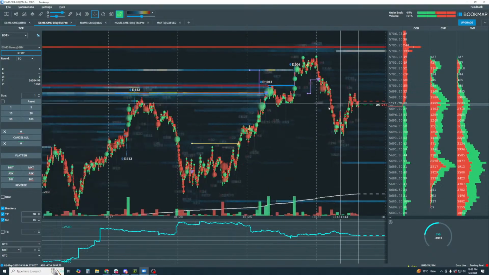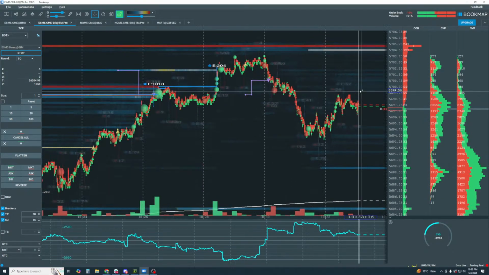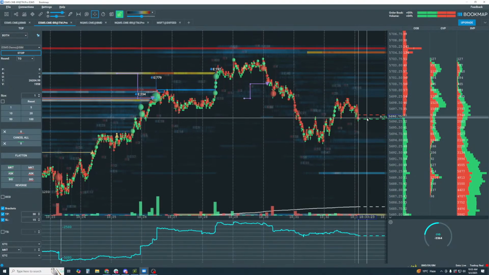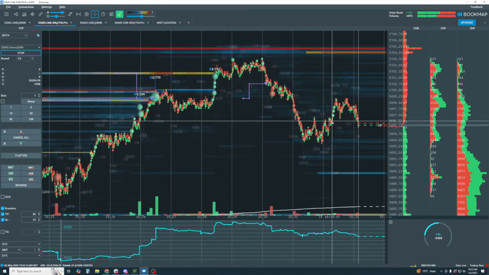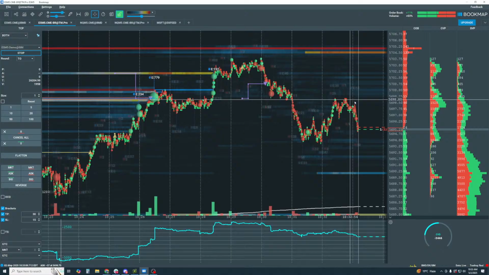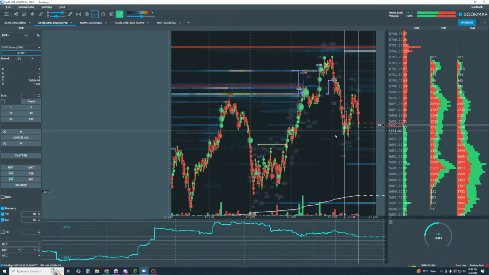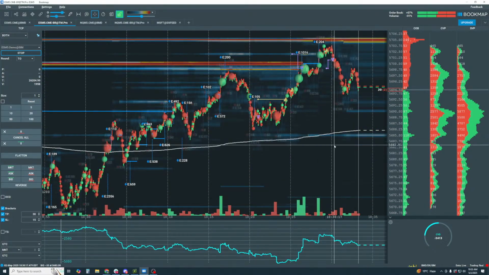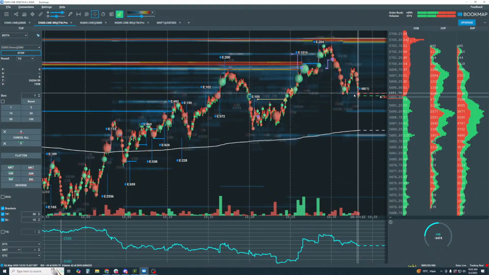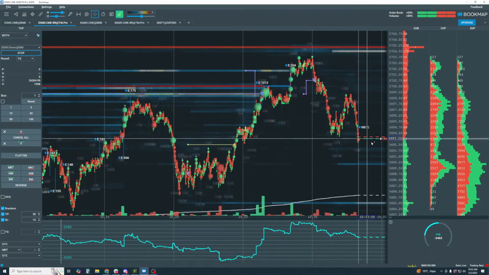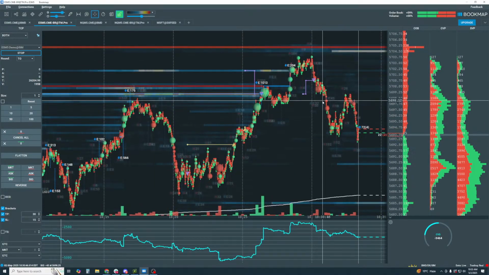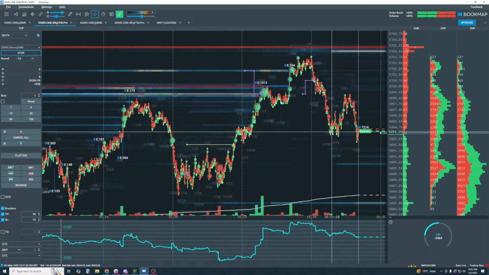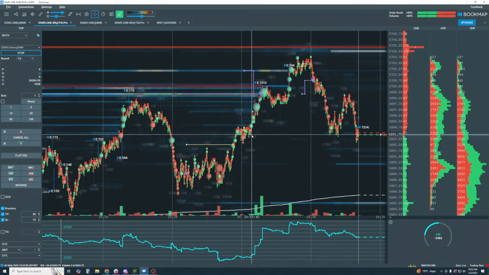All right. So anyway, not seeing much at the moment. Let's jump back and take a look at our bigger picture here. Interesting moves in here. They're quite choppy right now.